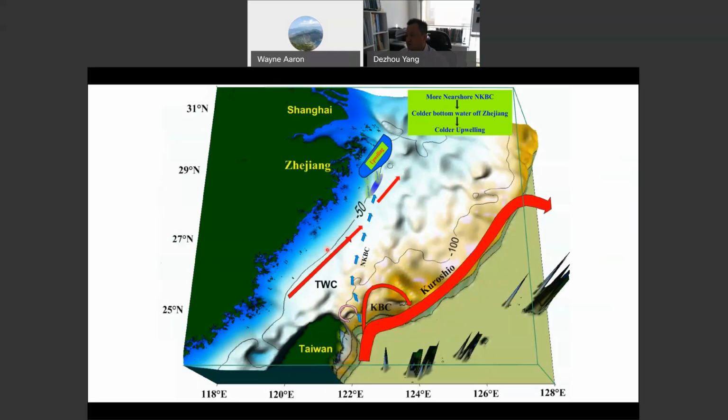It means, for example, this current in summer will shift seaward in a different season. Because if this current can reach this area, the phosphate and the cold water transported by this branch current can upwell to the sea surface, so the phytoplankton can use it.